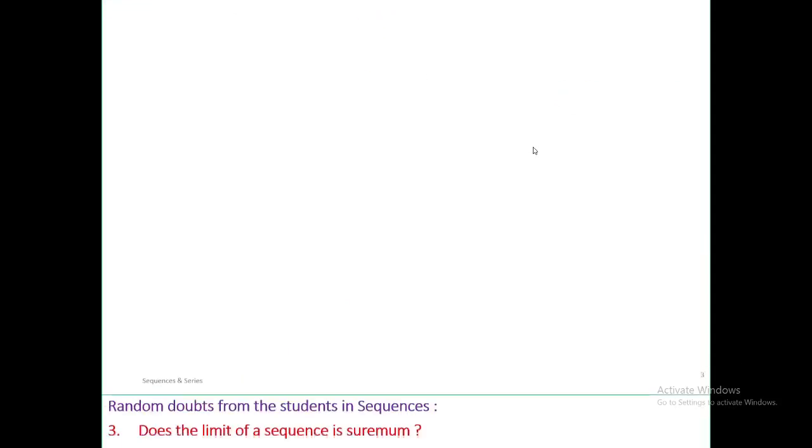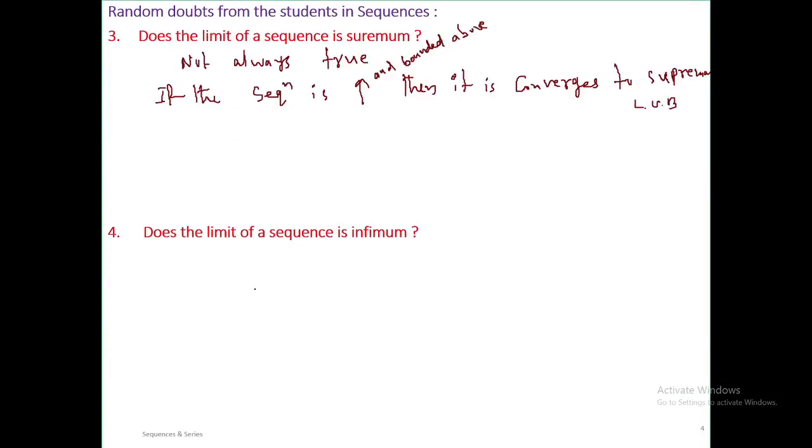Clear? Next one. Same thing, does the limit of a sequence equal the infimum? It is also no, it is also the same. It is not always true. Look at the examples here.